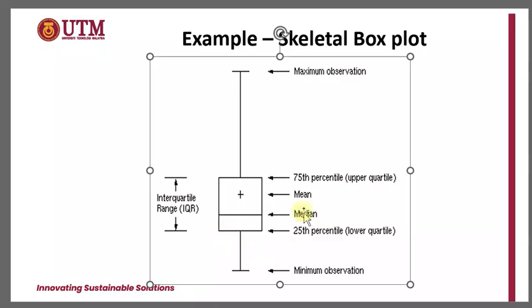This is just for explanation, not related to our previous examples. This will be Q1, and this will be the minimum value, the lowest number in the data set. This line from the 25th percentile to the 75th percentile is the interquartile range.